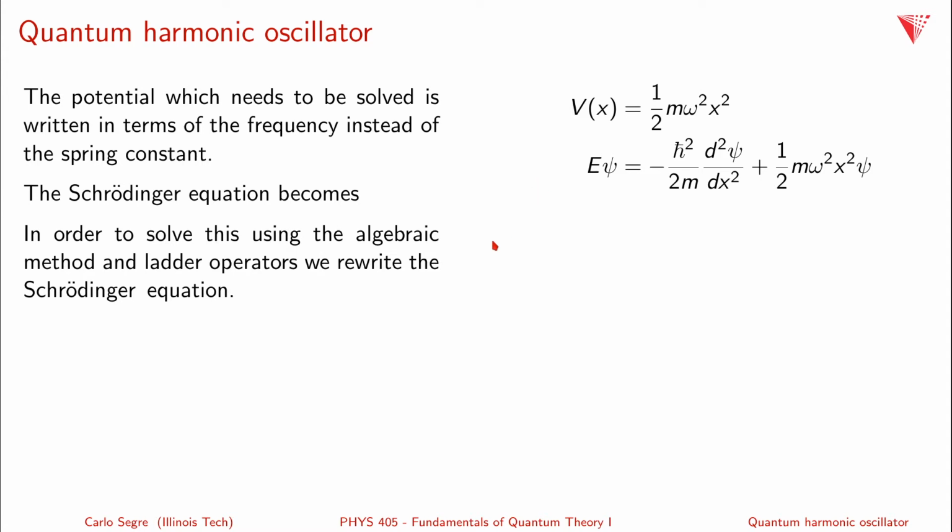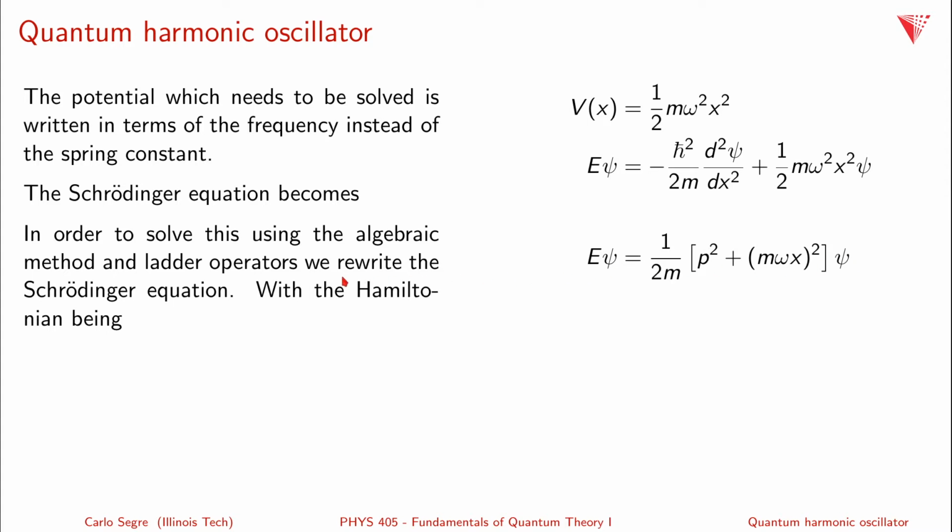The first way we're going to solve it is the so-called algebraic method. And in order to solve with the algebraic method, we have to define what the book calls the ladder operators. And we're going to rewrite the Schrödinger equation in terms of these ladder operators, and then use the ladder operators to simplify the solution. So if I pull out a 1 over 2m from these terms, then I get 1 over 2m times p squared plus m omega x quantity squared, all times psi, is equal to my Schrödinger equation.